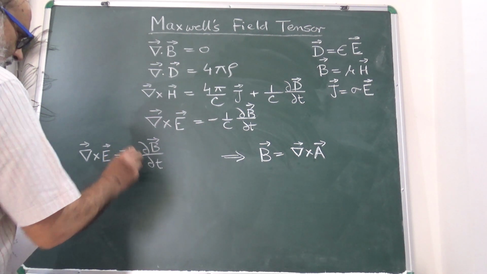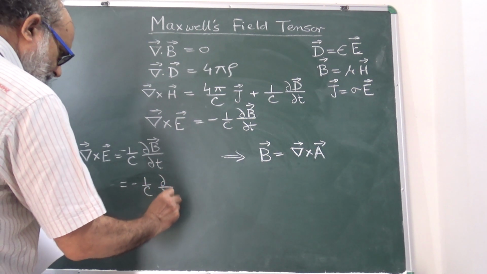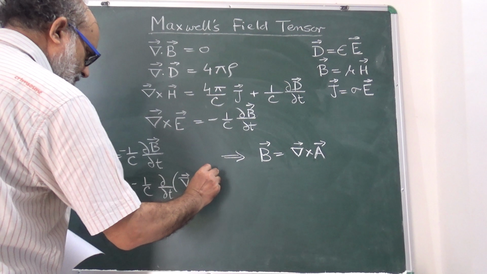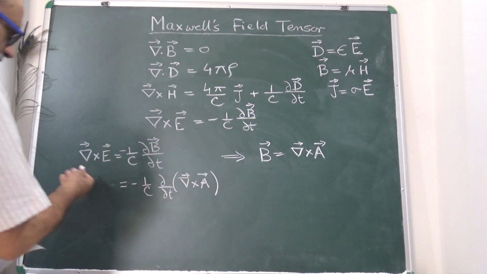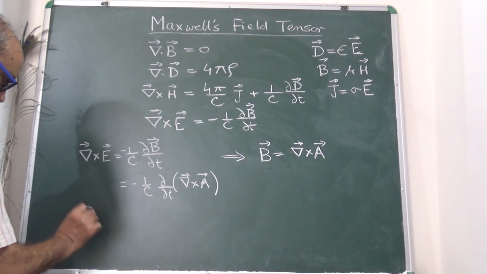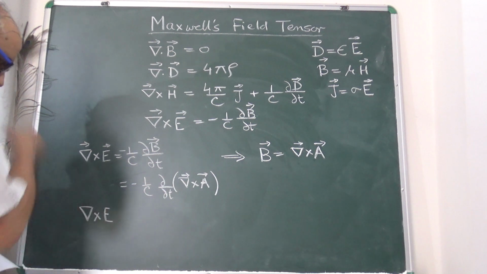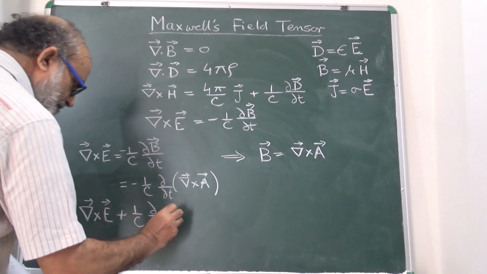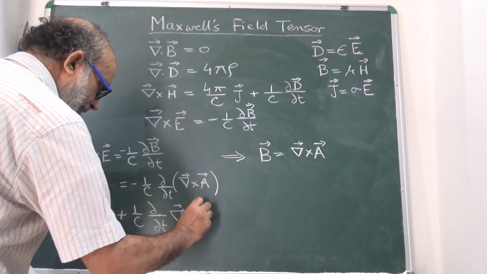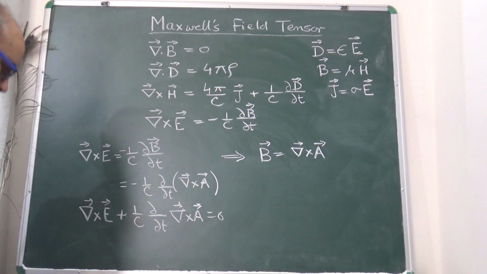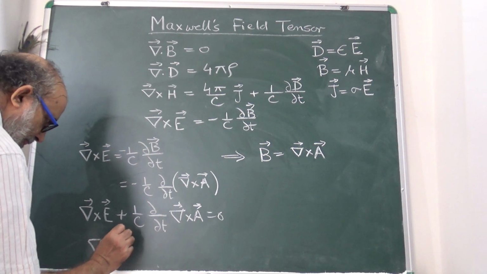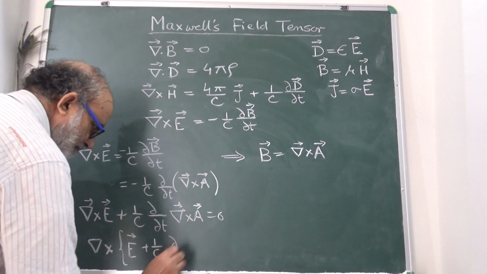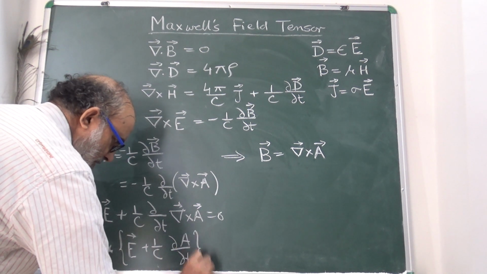So it is minus 1 by c d by dt, and for B we have written curl of A. Taking everything to the left hand side, it's curl of E plus 1 by c d by dt of curl of A is equal to 0, which can also be written as curl of (E plus 1 by c dA by dt) equals 0.